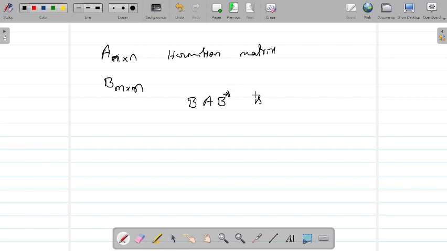Now let us discuss skew-Hermitian matrices. We already discussed this, but I'd like to write an example.